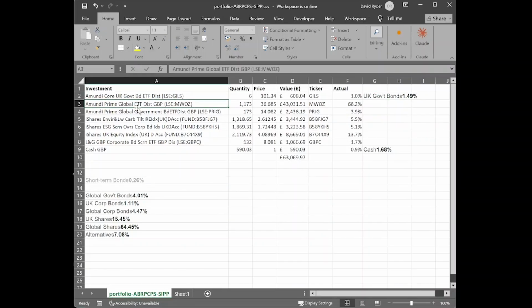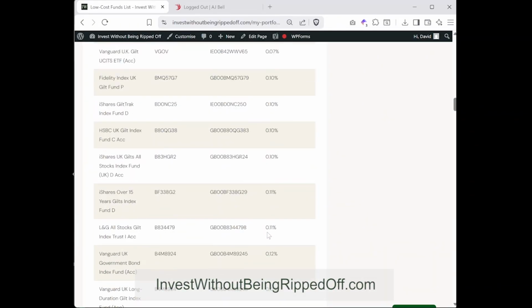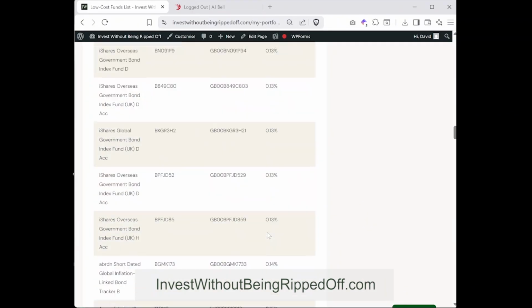This one is Global ETF MWAS. Now, I happen to know that that is global equity, but if I didn't know, I'd have to scroll down through to find out. But we're looking for MWAS, the ticker, to make sure we've got the right funds. MWAS Global ETF. And we go back to the website and we scroll down to global shares, global equity.